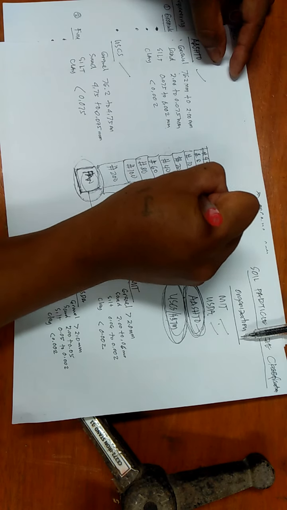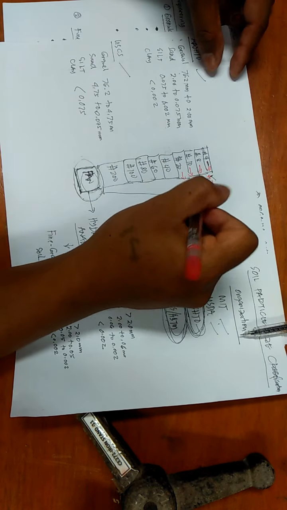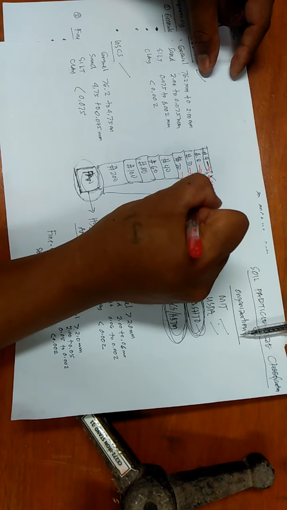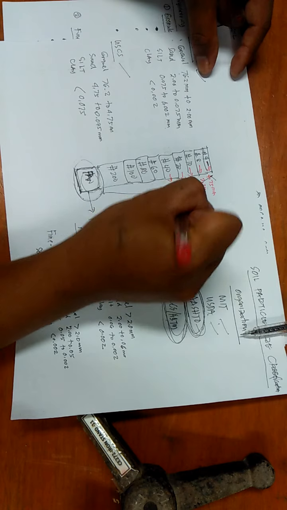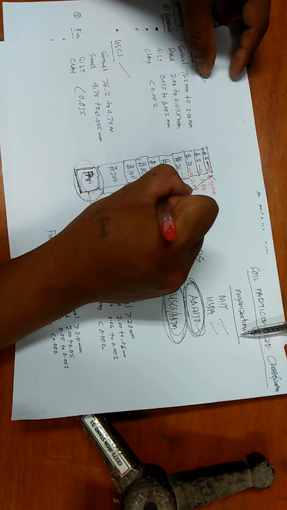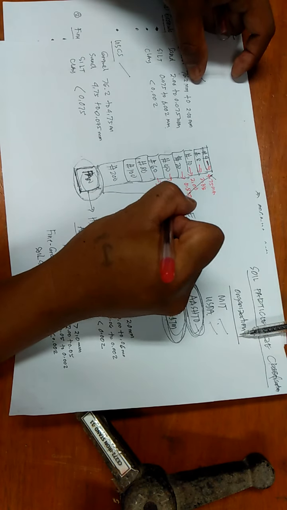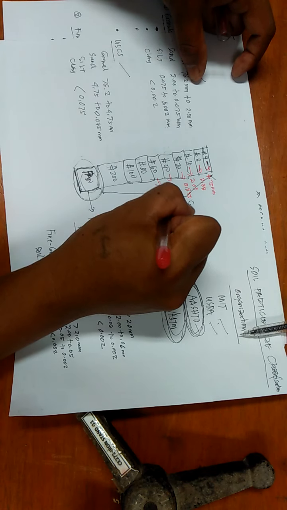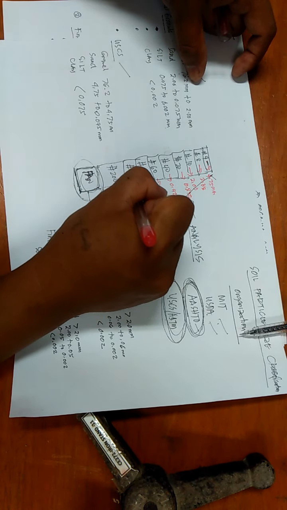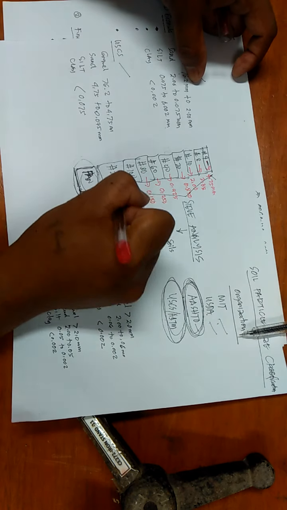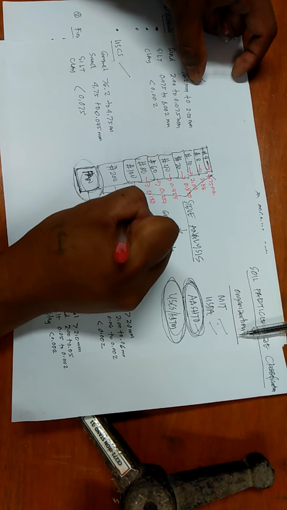Then 2.0. Ang sieve number 20 mo naman, 0.850. And then 0.425. Then sieve number 60 mo is 0.25. Sieve number 80 is 0.18. And then sieve 100 is 0.15. And sieve number 200 is 0.075.